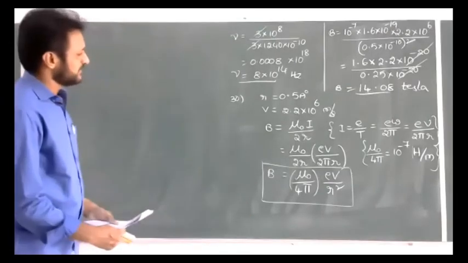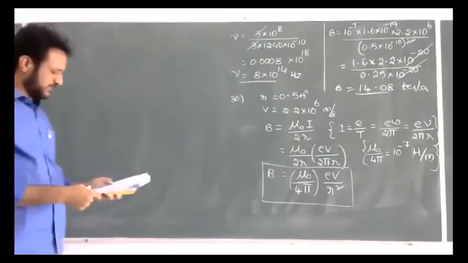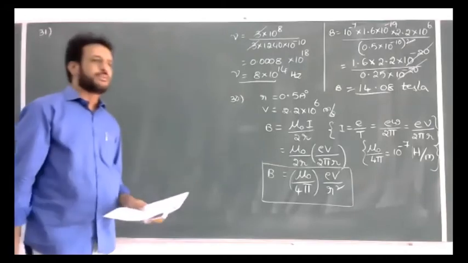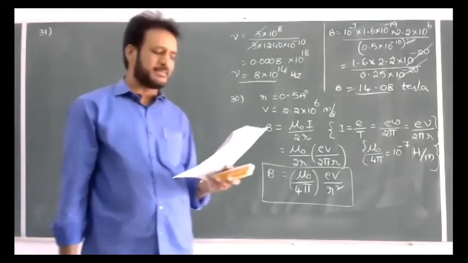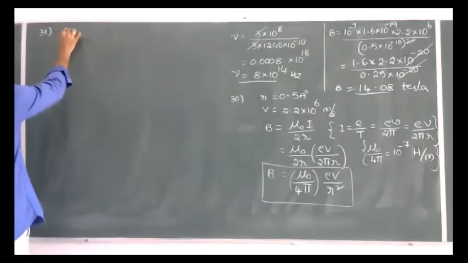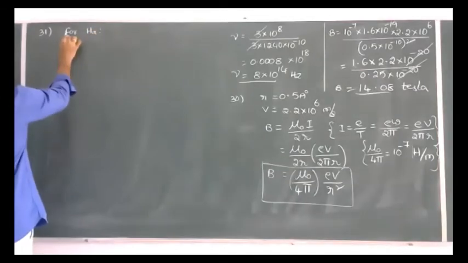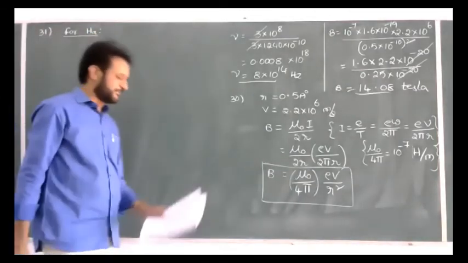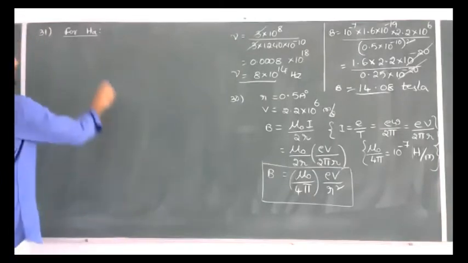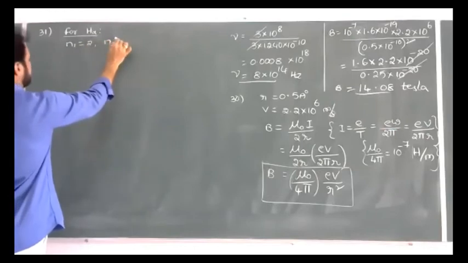That was question number 30. Now question number 31. The wavelength of the H alpha line in the Balmer series of hydrogen atom is lambda.